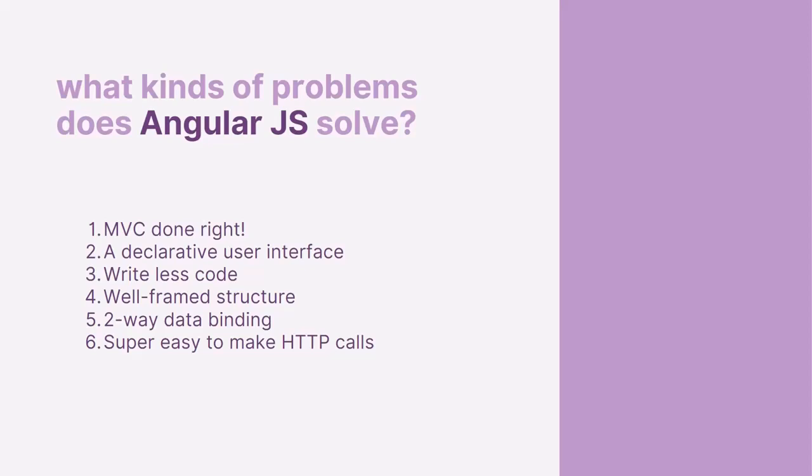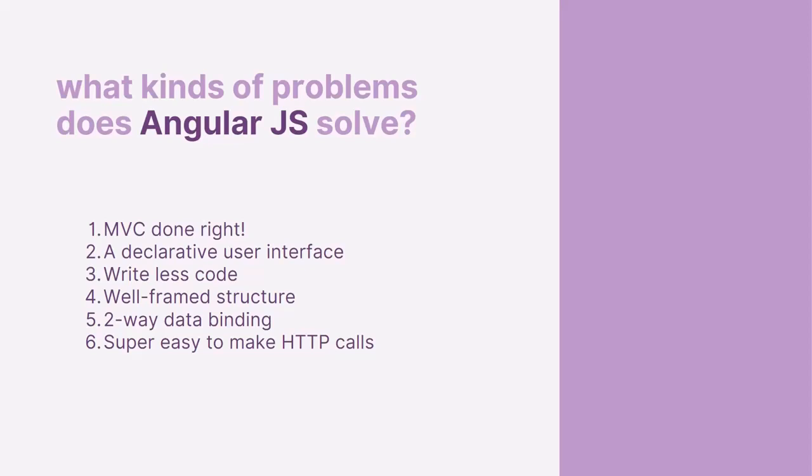The fourth one is that AngularJS provides a well-framed structure to your entire JS application, so you know where to put each piece of code. This actually helps the separation among various components. The fifth one is two-way data binding. It includes out-of-the-box two-way data binding, which makes data binding super easy, so you don't have to worry about getting and setting items when you make changes to your application.